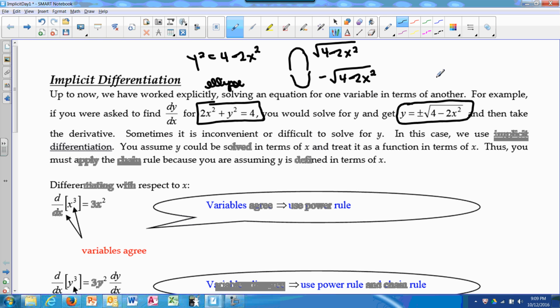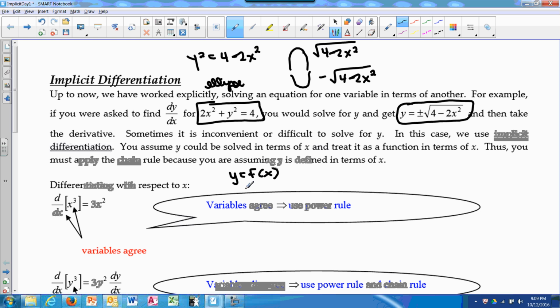However, it is possible to do these without having to solve for y, and it's also possible to take the derivative even if it's impossible to solve for y algebraically. Now, when we take the derivative, most of the time we have y is some function of x. And whether we think about it or not, we are actually doing implicit differentiation.